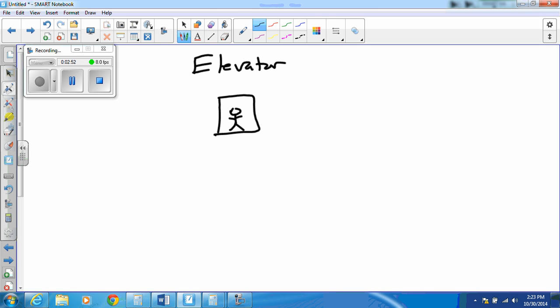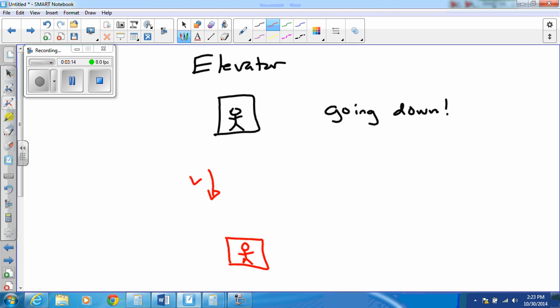When the elevator decides to go down, it has to go from a complete stop to moving with a velocity in this direction to a complete stop down at the bottom. In order to do that, it has to change its motion, and a change in motion means acceleration. That's exactly right.